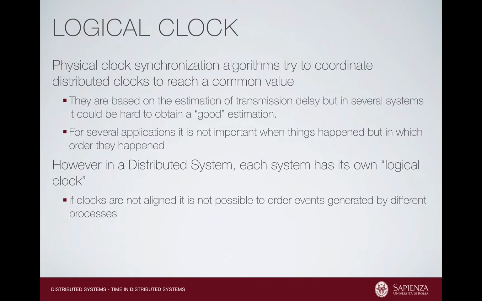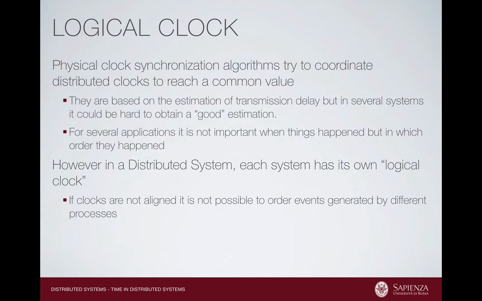So it's possible to get clocks synchronized, and this synchronization is more or less accurate up to some bound that is given by the synchronization algorithm. This bound is unavoidable, and is due to the fact that the system has delays that are not exactly predictable even when you are in a synchronous system. So you have a maximum delay and a minimum delay, but you cannot predict the actual delay of a message.